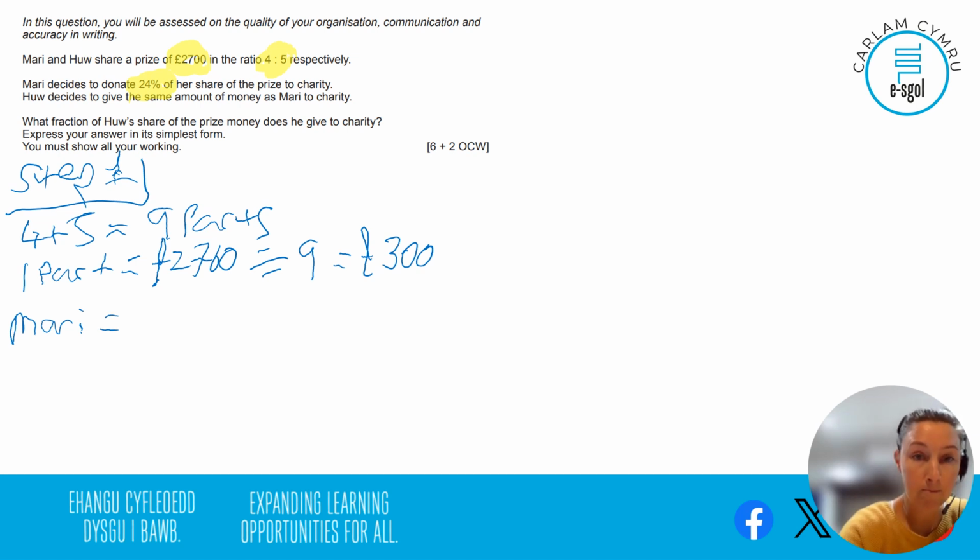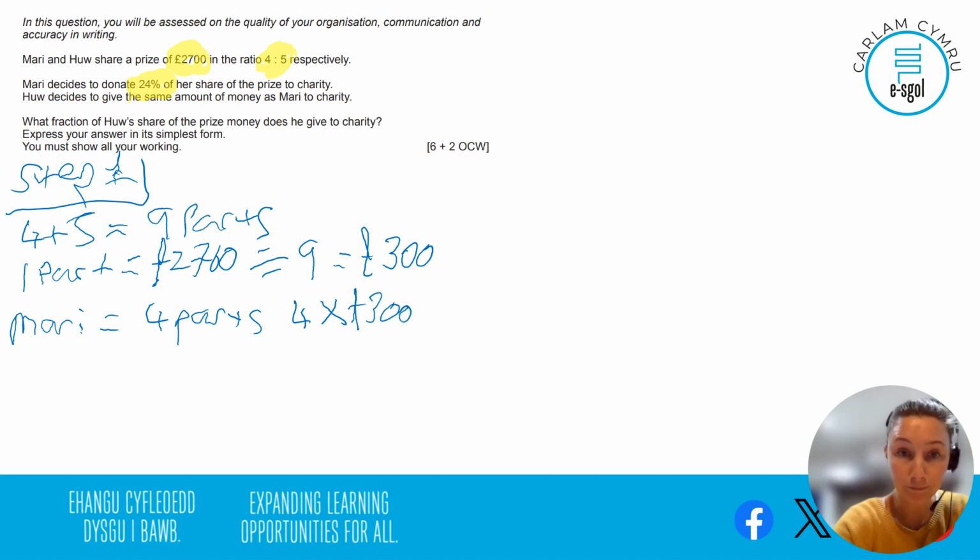So Mary got 4 parts. So it's 4 times £300 equals £1,200.